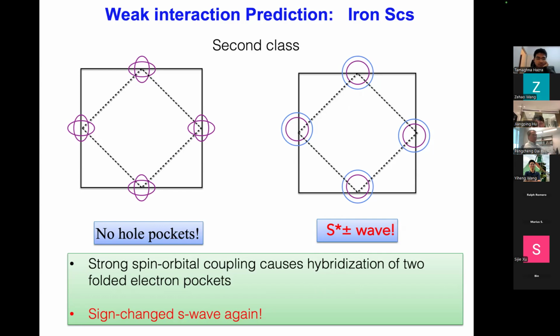So there's no need to consider it in the iron selenide case. But certainly if you have a 122, like barium iron arsenide, that kind of thing, the layer coupling will become important.